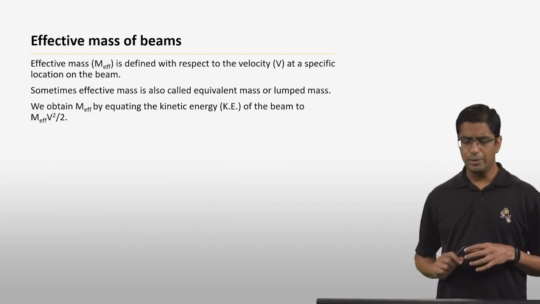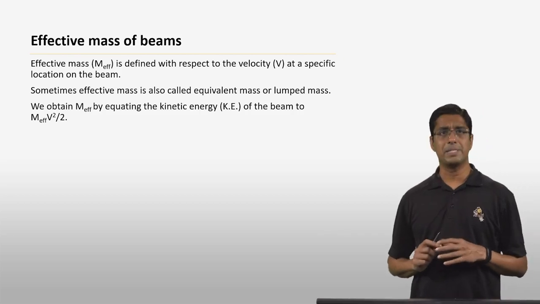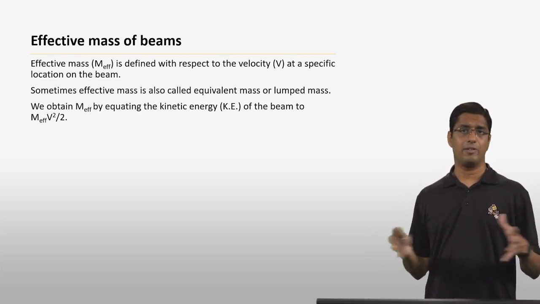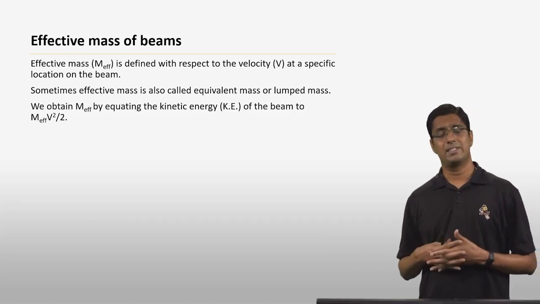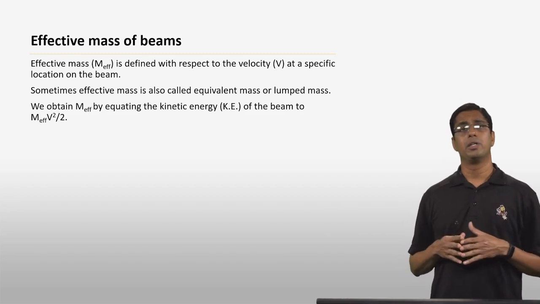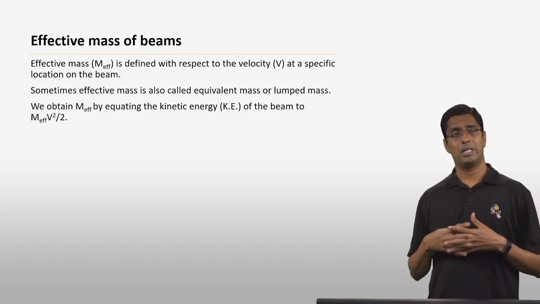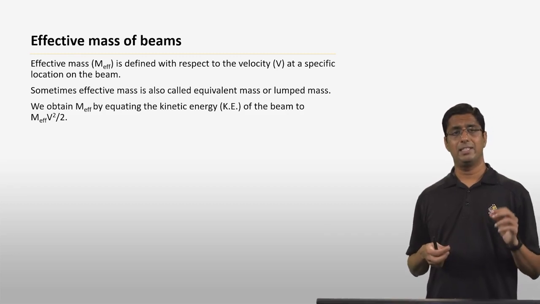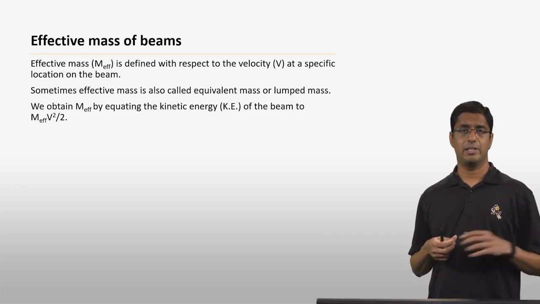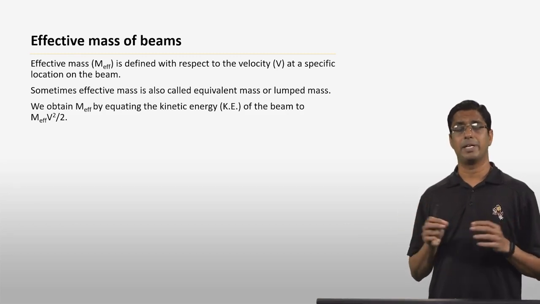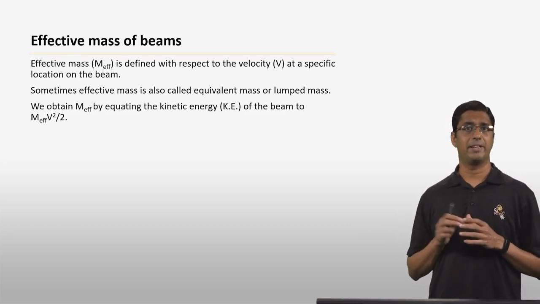Okay. Now we are going to look at a very specific example today, but that example can be generalized for other cases also. Okay. Now let's think about what an effective mass means. If you go back and recall what we did for the effective stiffness of a beam, we said that the effective stiffness is determined with respect to a specific location and for a specific direction.